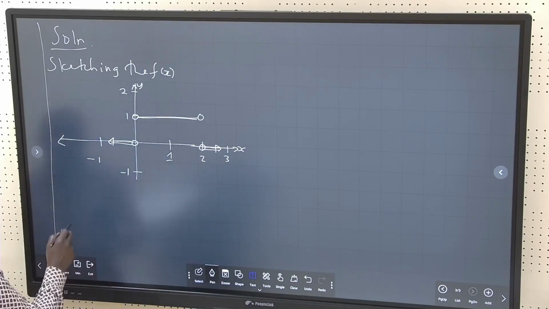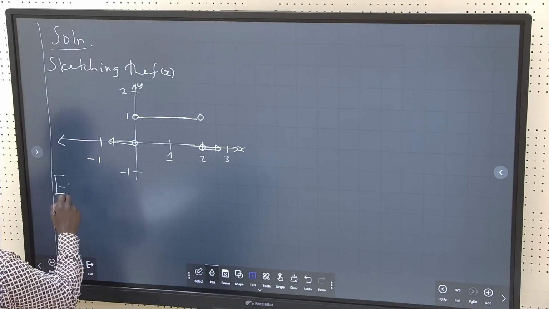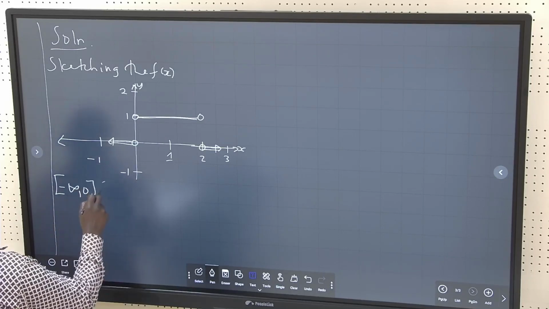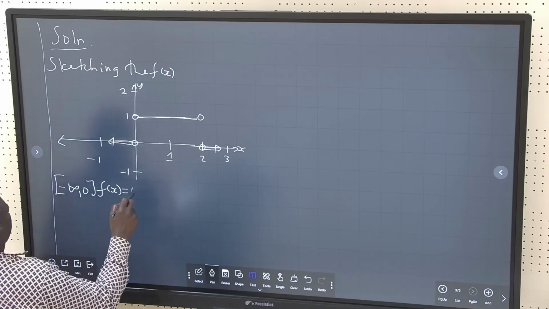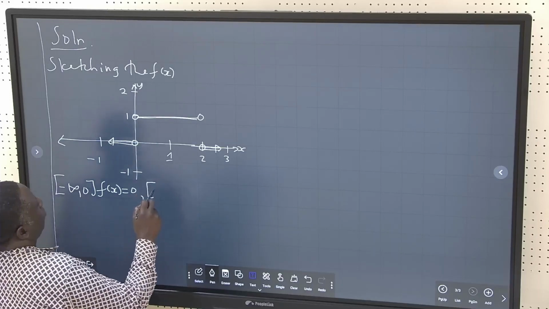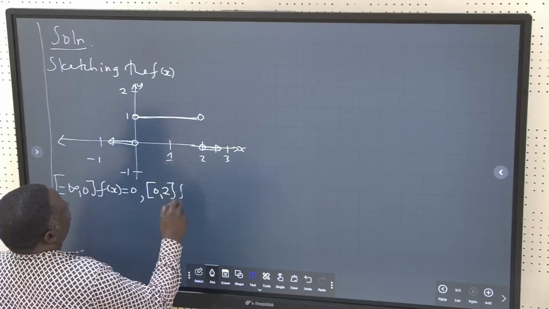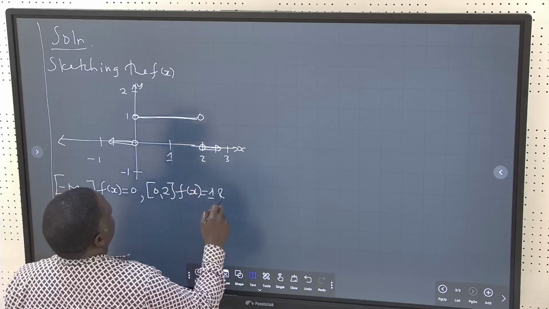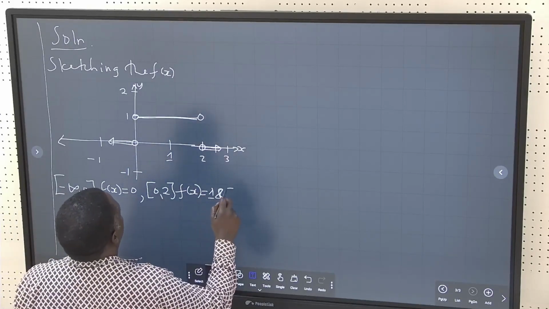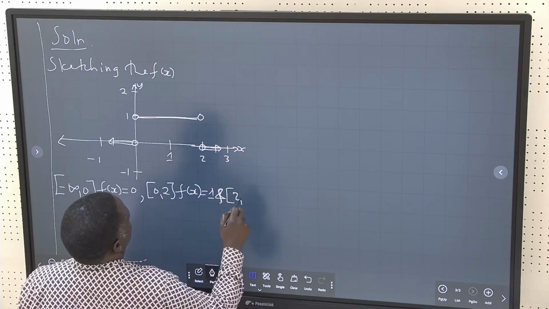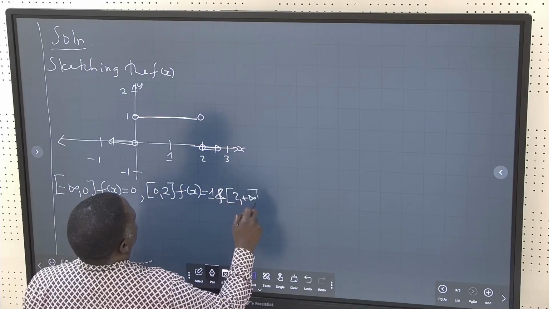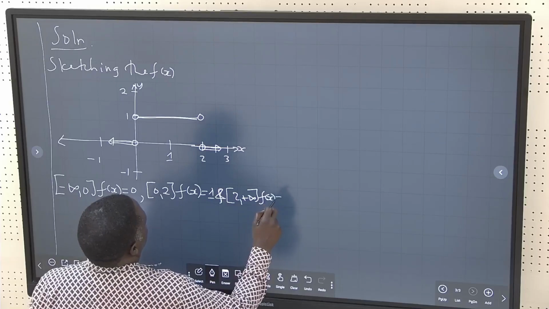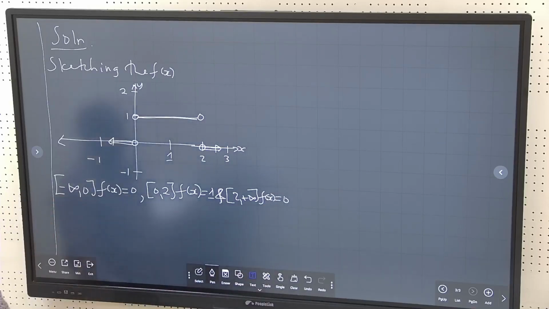So you can see these intervals: from negative infinity to 0, the value of f of x is 0. From 0 to 2, the value of f of x is 1. And from 2 to positive infinity, the value of f of x again is 0.